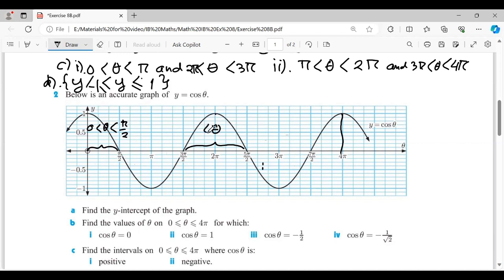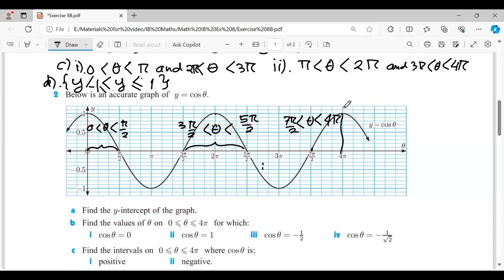This is theta greater than 3 pi over 2, less than 5 pi over 2. And this one, theta greater than 7 pi over 2, less than 4 pi.